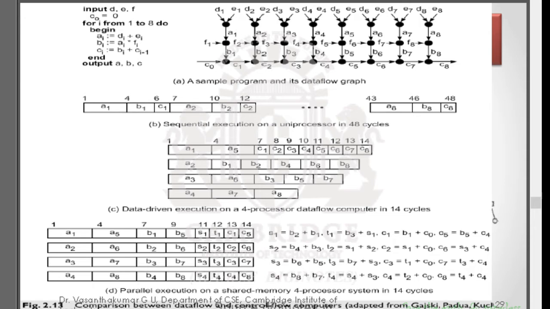Now these are some of the examples given, a sample program and its data flow graph.